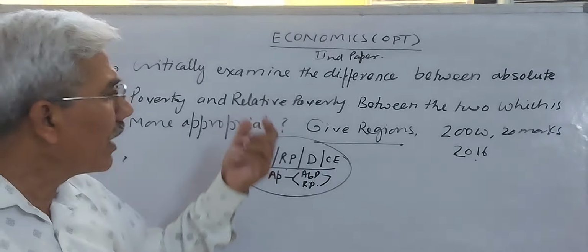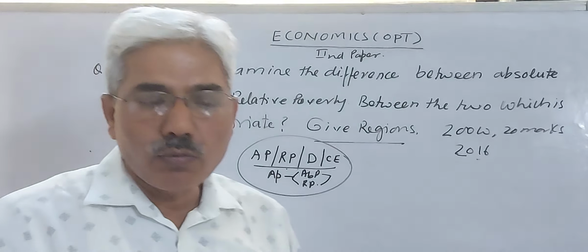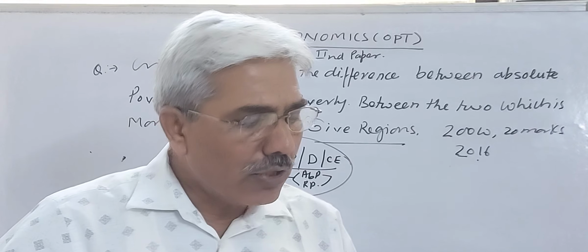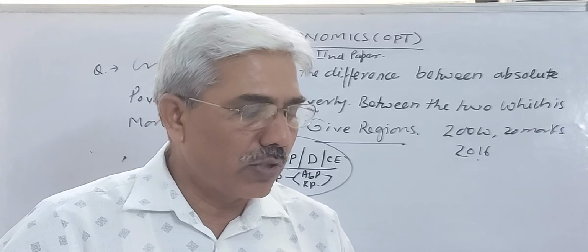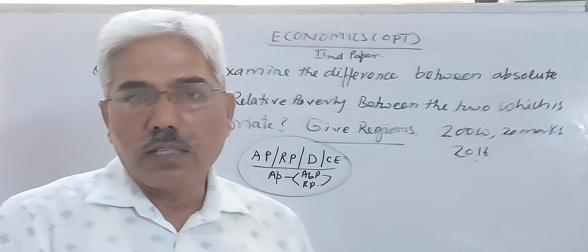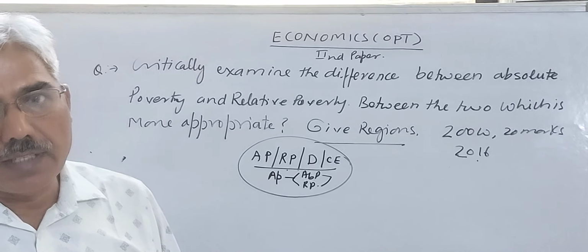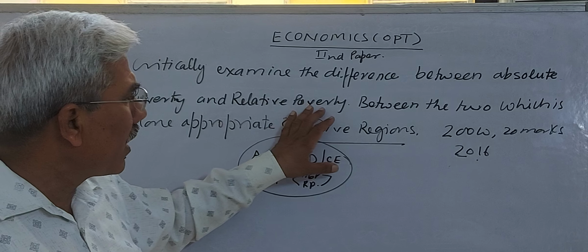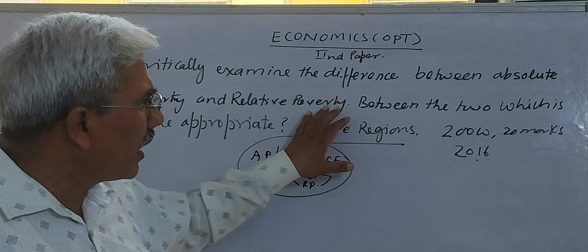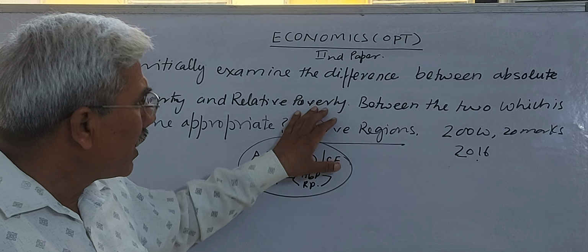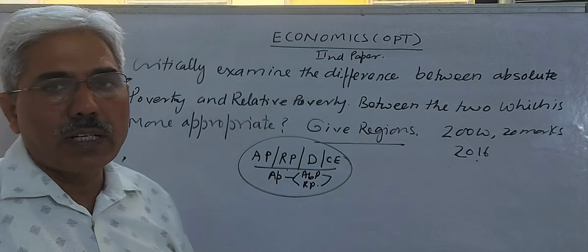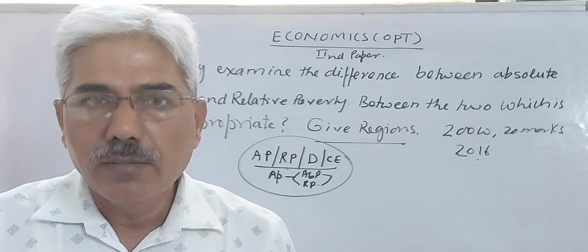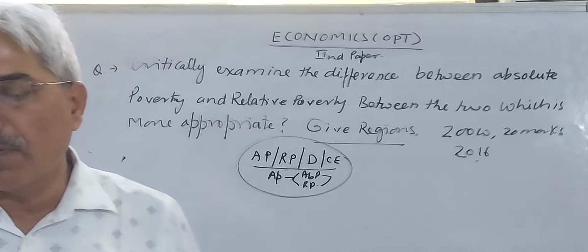It means the relative definition of poverty includes the basic minimum standard of life, and that shows the disparity in the distribution of wealth, income, consumption, etc. It means the relative definition of poverty measures inequality and social exclusion and inclusion, both you can measure, and the absolute poverty line definition measures what, that is the basic minimum needs of life.